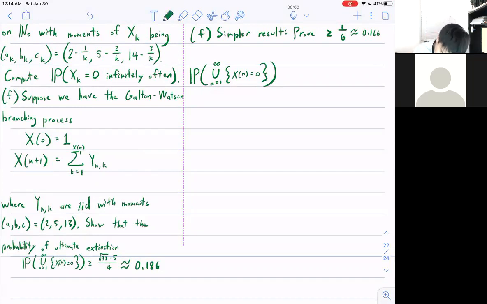But clearly, the probability of a union is greater than or equal to the probability of any single event of that union. So specifically, let's say in the first generation, we just chopped off all the other union events, which would contribute either a 0 probability or a positive probability.